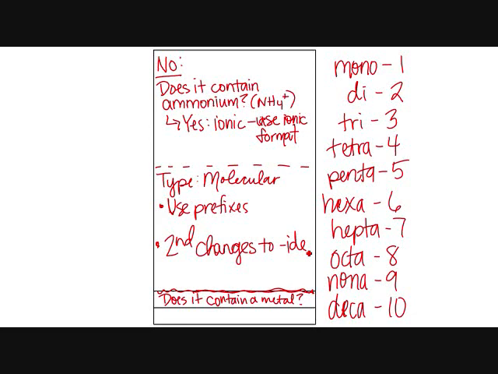Okay, the last tab at the bottom, we're just going to do some polyatomic ion hints. I don't know what else to call it, so that's what we're calling it today. So pretend this isn't here. Polyatomic ion hints.